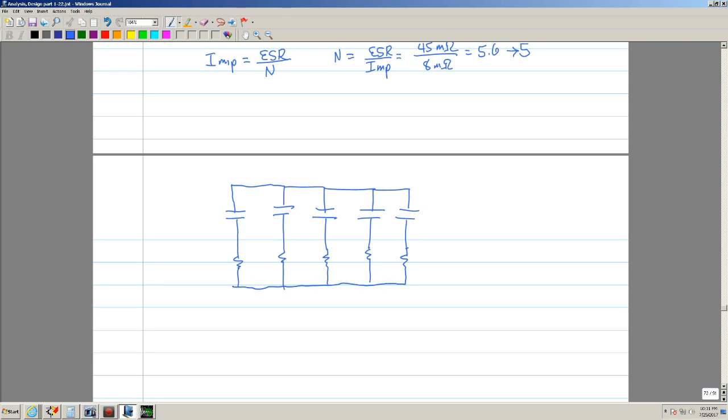This is what we have. And these are 68, 68, 68, 68, 68, and I believe these are 45 milliohms each.